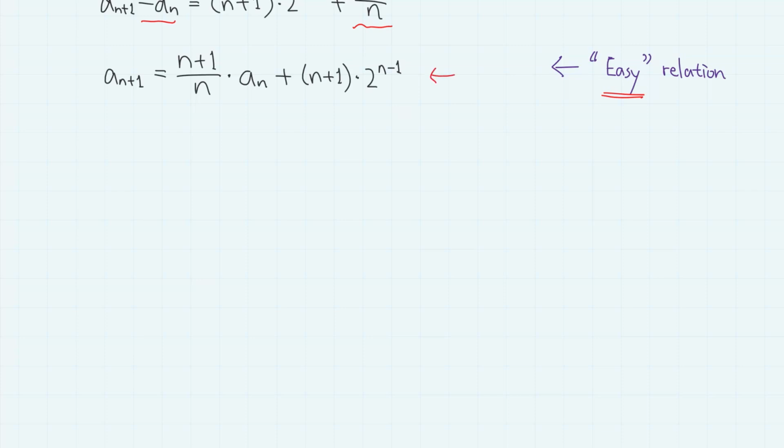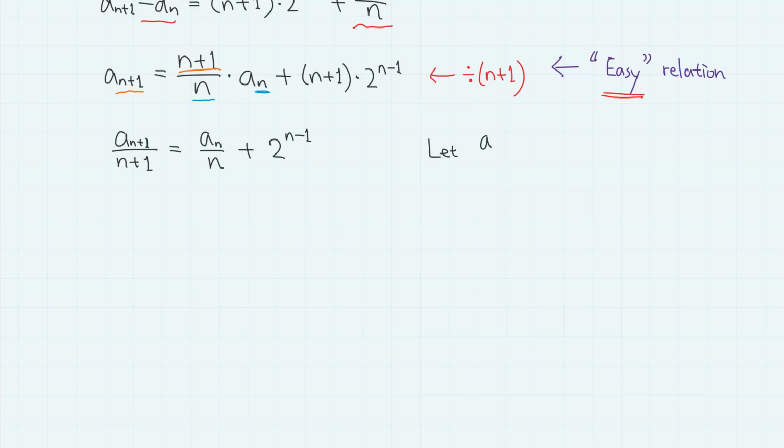Do you know how to handle this kind of recurrence relation? Well, this is one of the special recurrence relations in the sense that we have n plus 1 here and n plus 1 here and n here and n here. Therefore, if we divide both sides by n plus 1, we obtain a(n+1) divided by n plus 1 equals an divided by n plus 2 to the power of n minus 1.